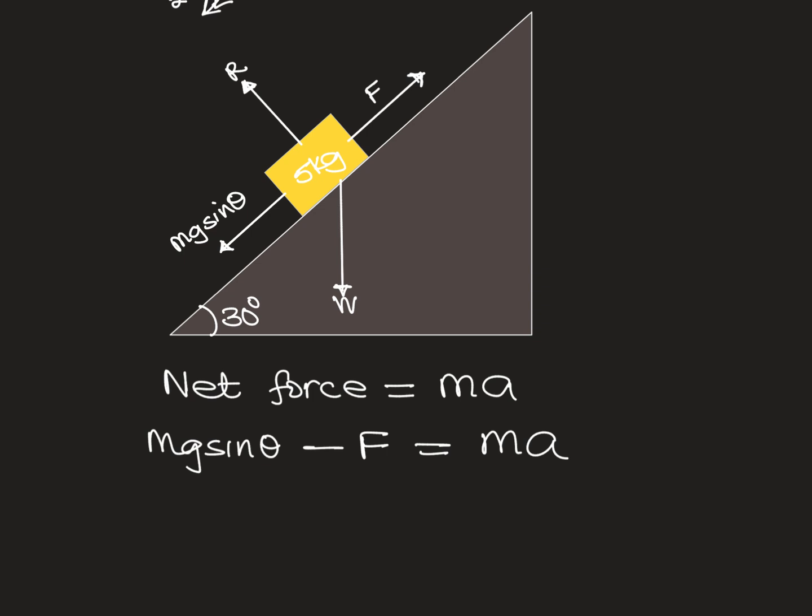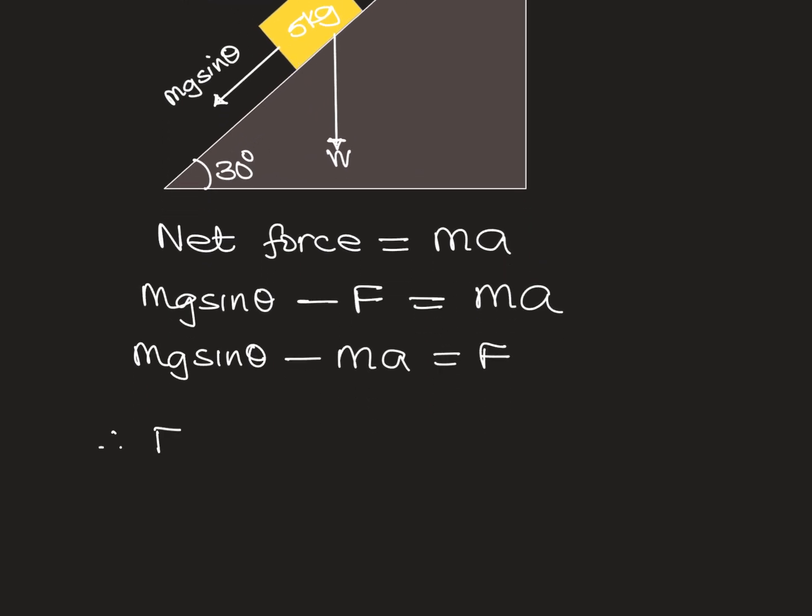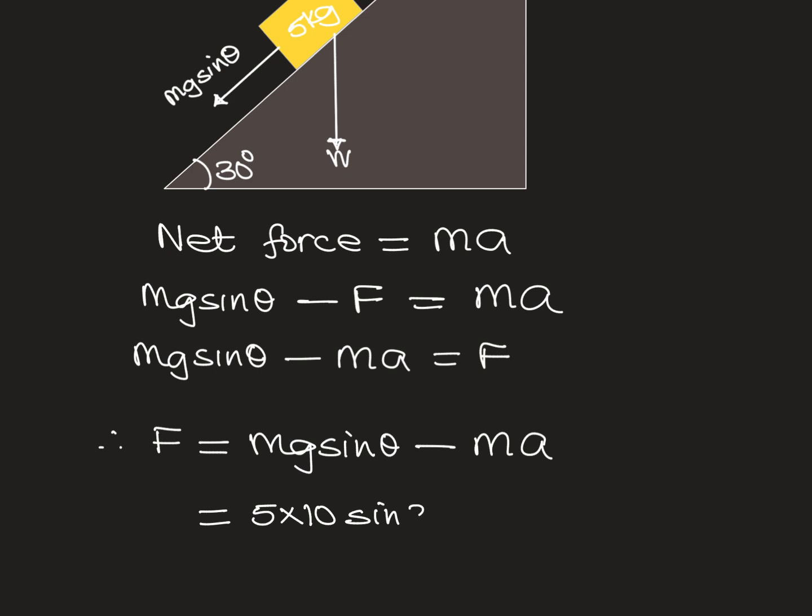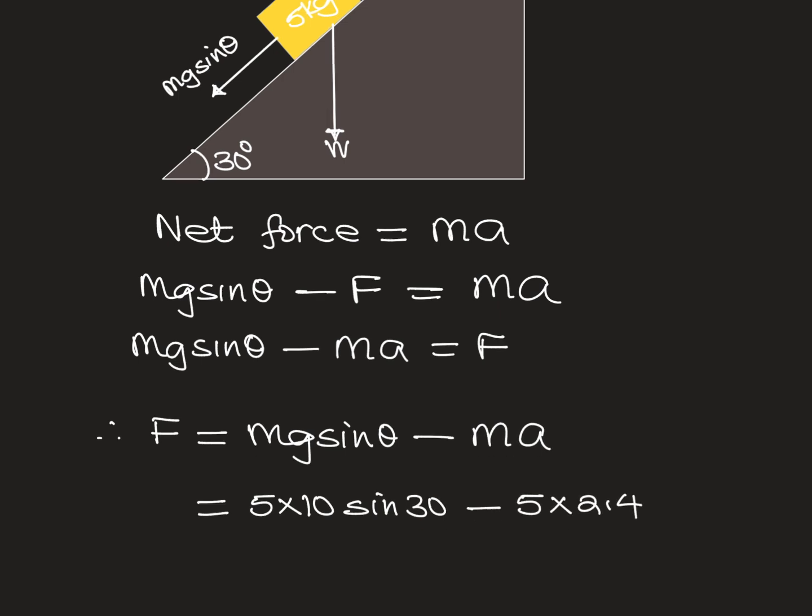All right, so we want to find F. Remember that. So we're going to have mg sine theta minus ma is equal to F. Therefore, the frictional force is equal to mg sine theta minus ma. If we substitute the values, the mass is 5 multiplied by gravity is 10 sine 30, minus the mass 5 multiplied by acceleration 2.4.